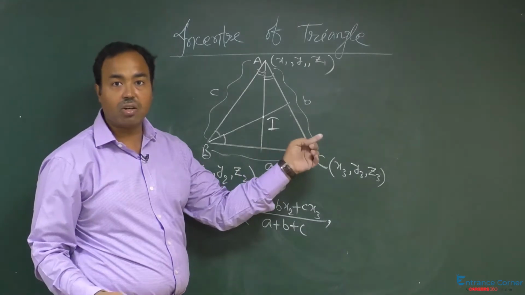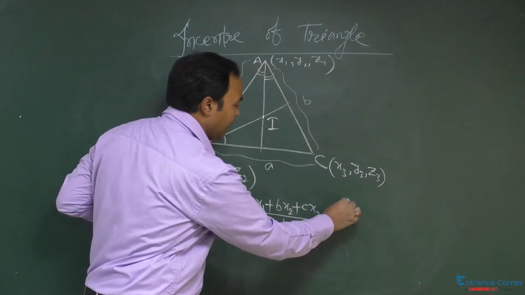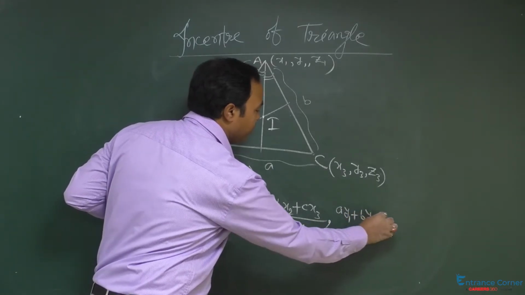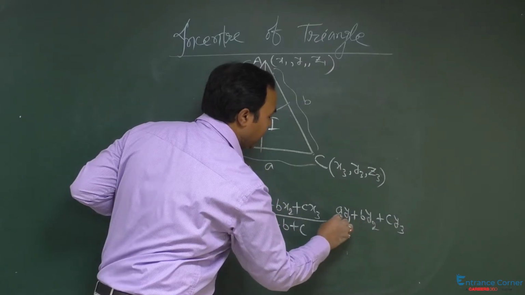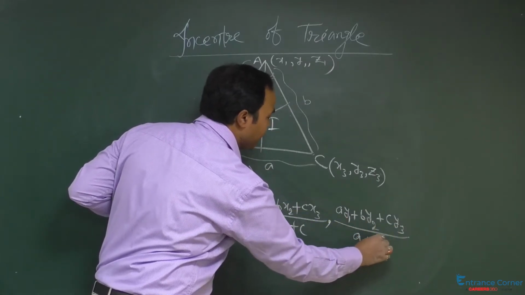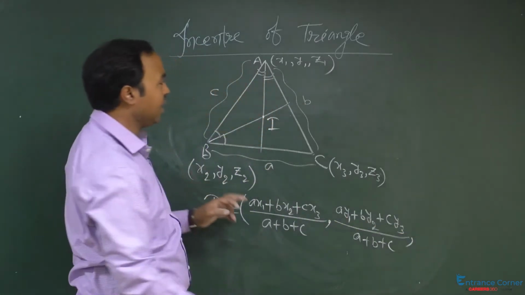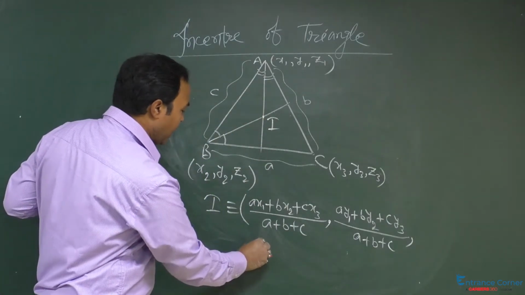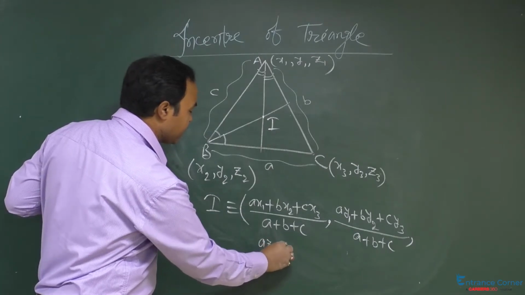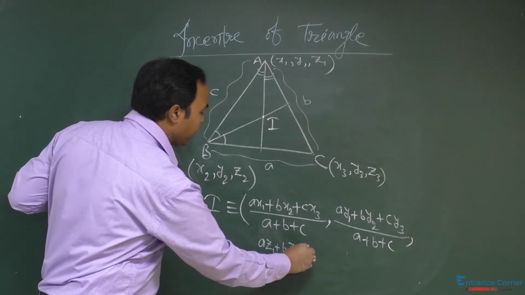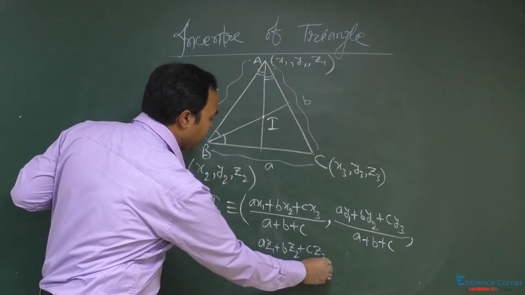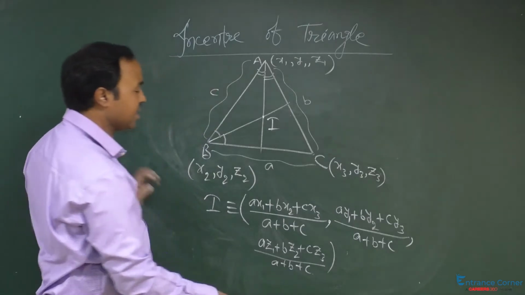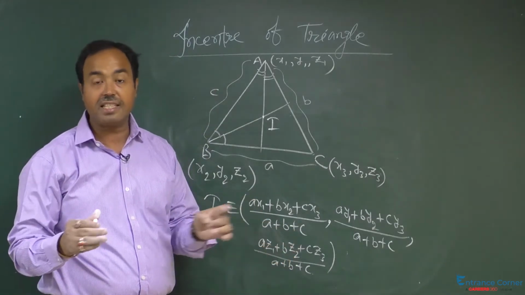Similarly, for the y coordinate, it will be (a y1 plus b y2 plus c y3) divided by (a plus b plus c). And similarly, for the z coordinate, we will write here (a z1 plus b z2 plus c z3) divided by (a plus b plus c). This is the coordinate of incenter.